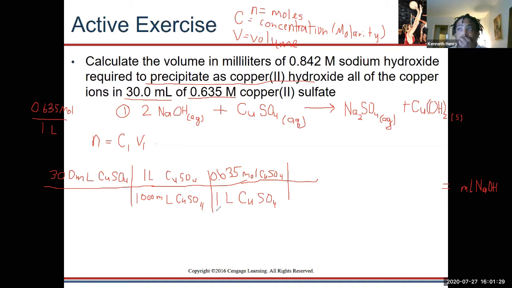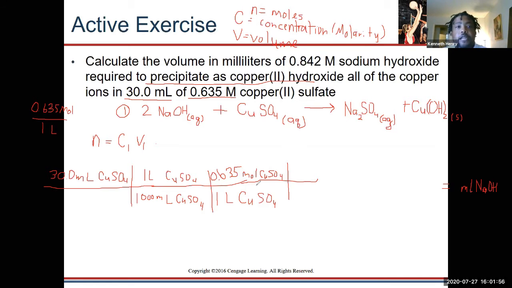Okay, so it says here all ions, required to precipitate all of the copper ions. So what is the relationship between the copper 2 and sulfate ions? What is the molar ratio?